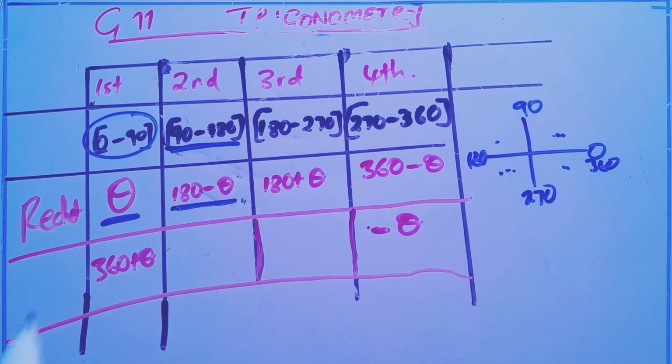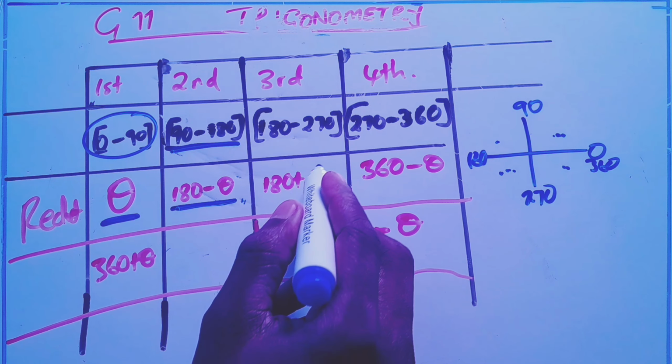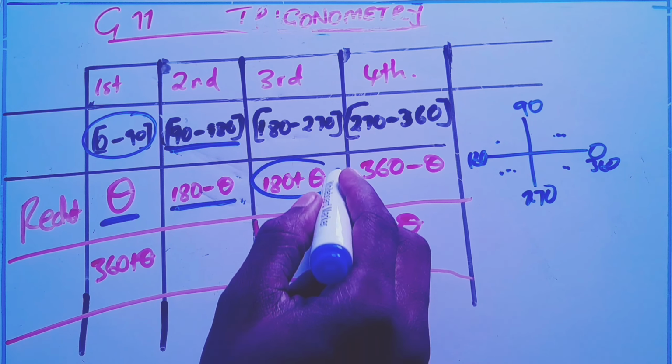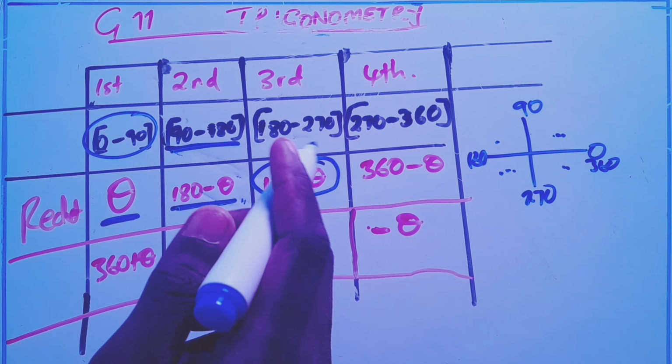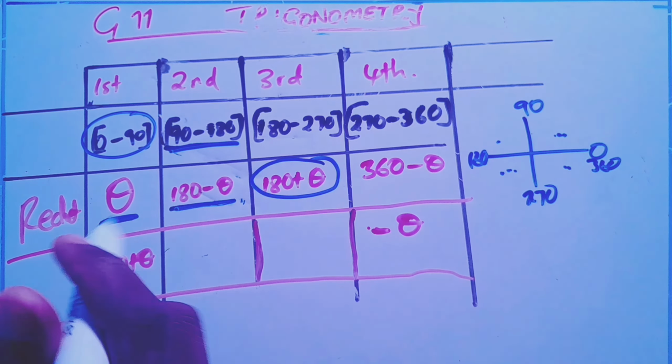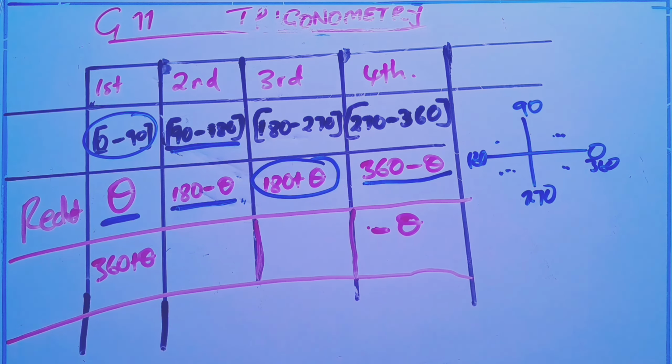And then in the third quadrant, they run from 180 to 270, so we just use the reduction formula 180 plus theta. And in the fourth quadrant, the angles run from 270 to 360, so we just use 360 minus theta.